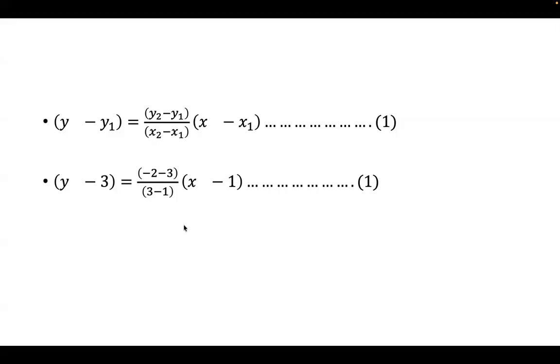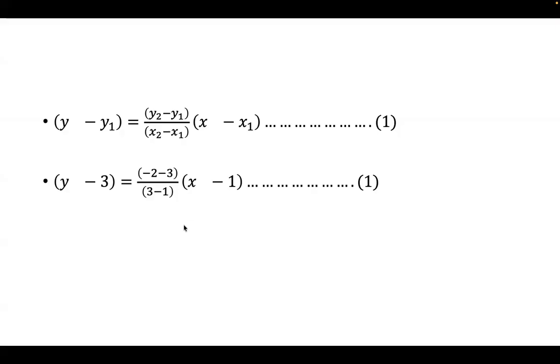Minus 5 over 2, right? Yes, right, bracket x minus 1. So minus 5 divided by 2 will give you negative 2.5.